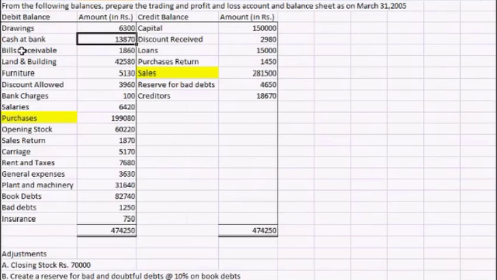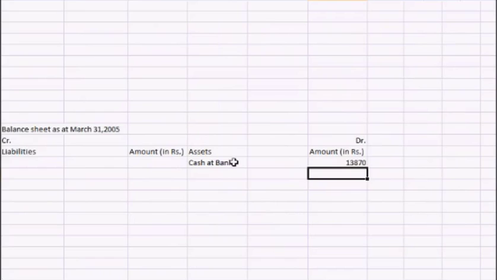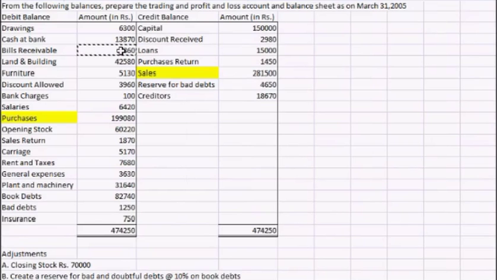The next account we have here is bills receivable. So bills receivable is a kind of asset, so we'll enter that in assets part. Just take the amount from the trial balance.